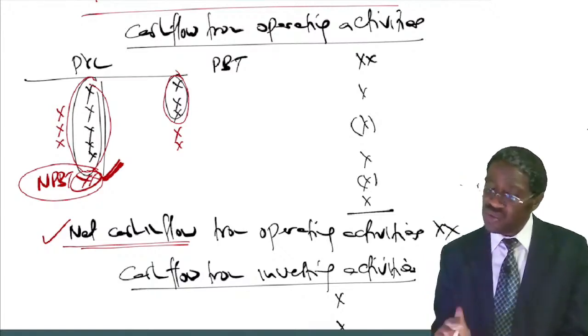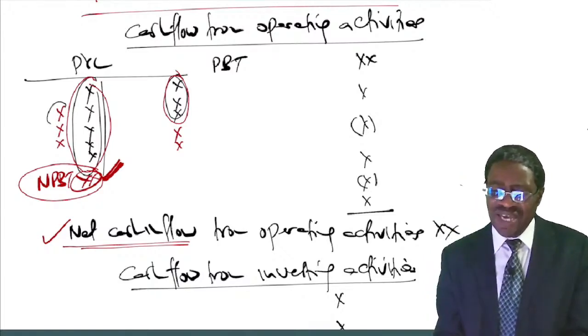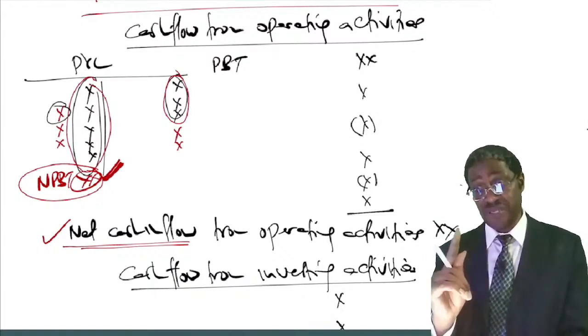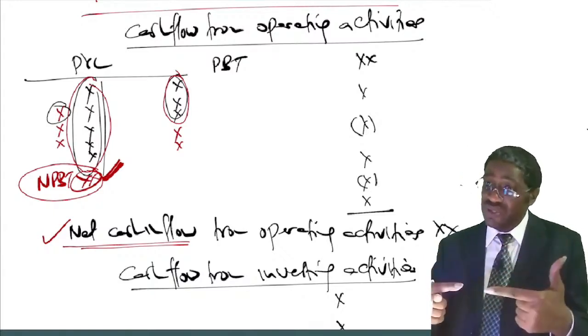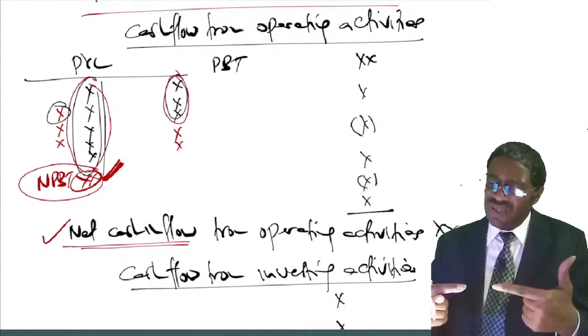So you argue this way. If there is something I debited in the P&L account as an expense, yet no cash was involved, I would ask myself, what effect did it have on the profit?